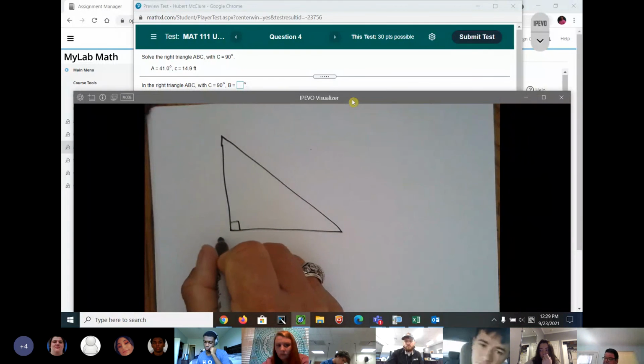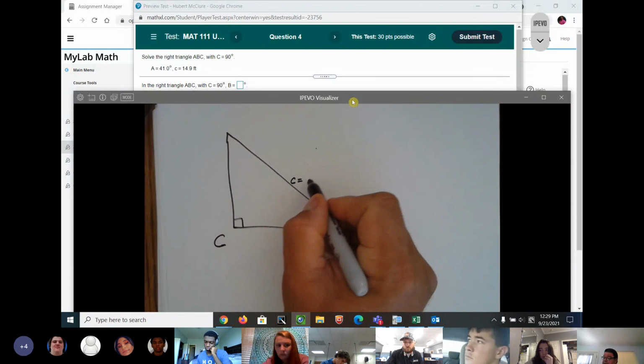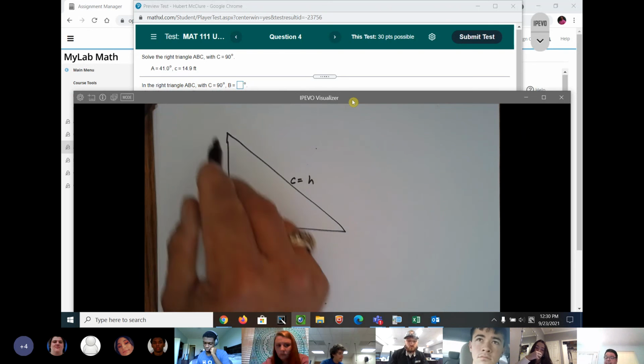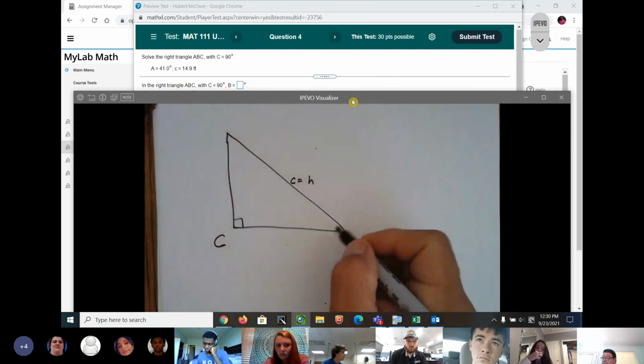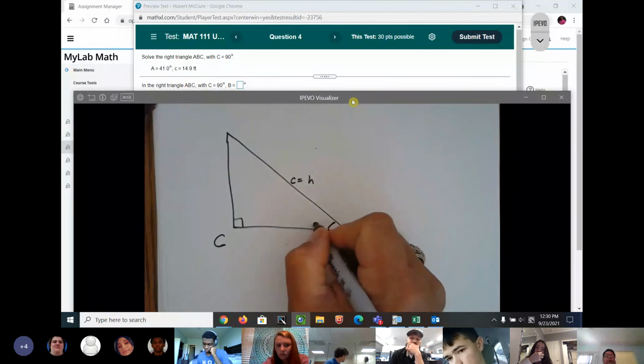So that's angle C, so little c is the hypotenuse. It really doesn't matter about A and B. You can put A on the bottom or up here on top. But I'm going to put A on the bottom, and that's 41 degrees.